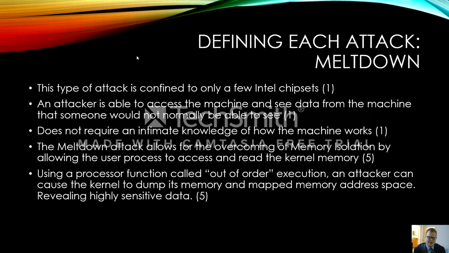The Meltdown attack allows for overcoming of memory isolation by allowing a user process to access and read the kernel memory. The reason why the kernel memory is so sensitive is that, let's say you're working with multiple programs, these programs store sensitive data in kernel memory.